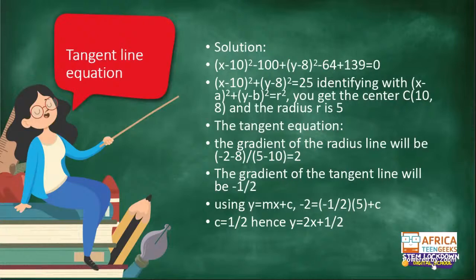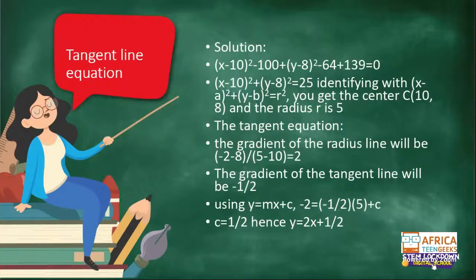Therefore, the gradient of the tangent line becomes -1/2. Remember, we said that the product of the gradients of two lines that are perpendicular must be equal to -1. So that's why we have the inverse of 2, which is half, times -1. That's why you have -half.